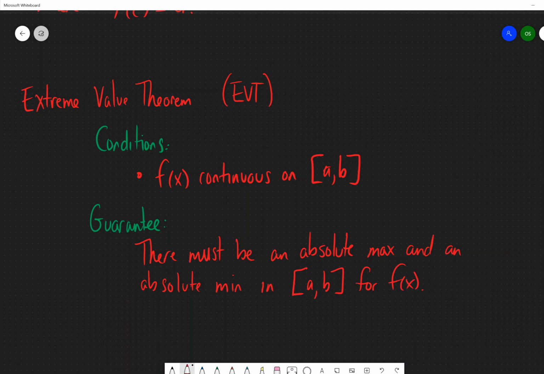So in short, there's got to be a highest point and there has to be a lowest point, hence the term absolute.